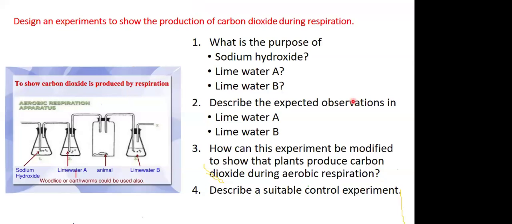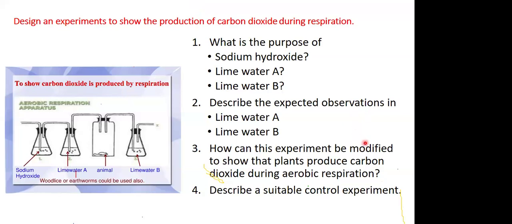Teacher, sorry. I was asking, as you are saying, observation number 2, describe the expected observation in lime water A and B. Because as you're saying, the sodium hydroxide will trap.